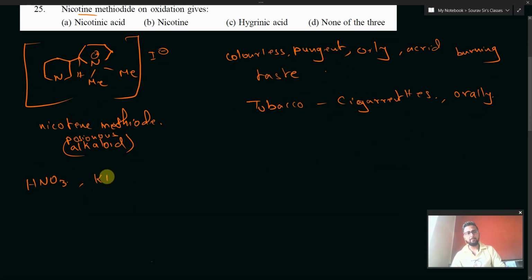Oxidation may take place with HNO3, alkaline KMnO4, or H2O2; you already know these oxidizing reagents. But we are talking about acidic oxidation here, because you can see that acids are formed at the end in the given options. From this you get the hint that you need acidic oxidation, and that is why you will take nitric acid as your oxidizing agent.